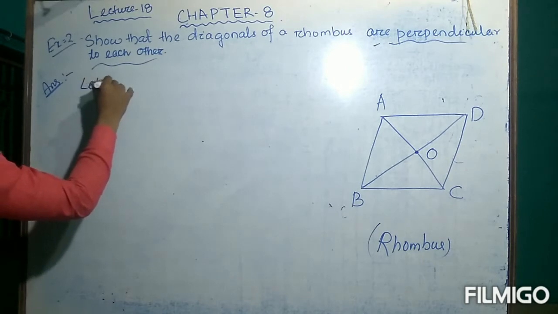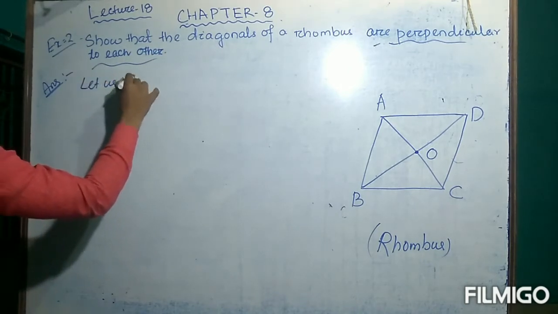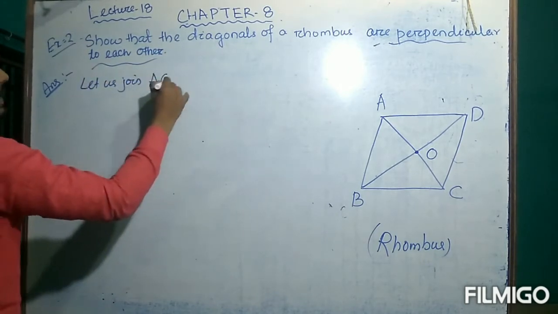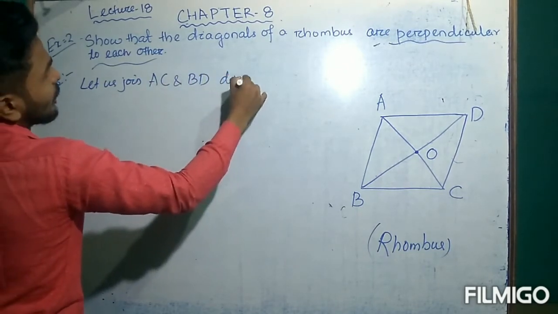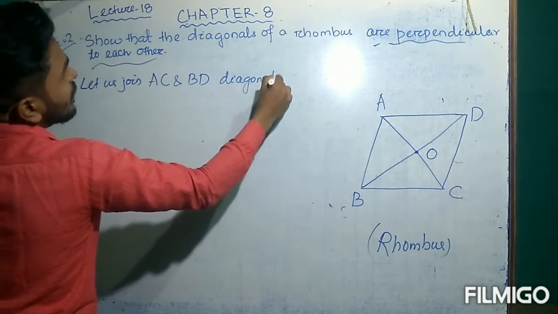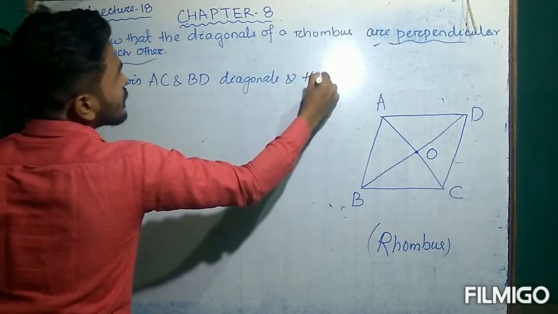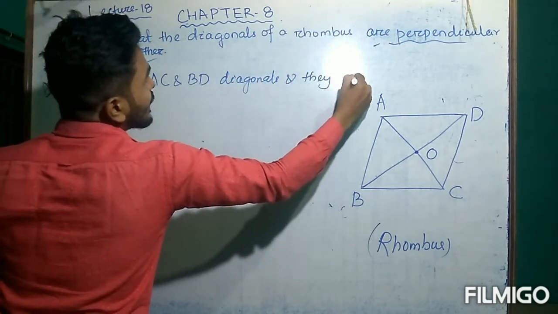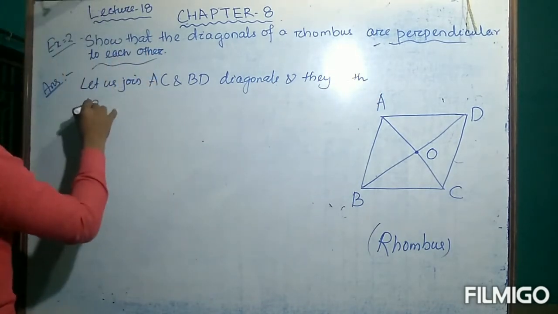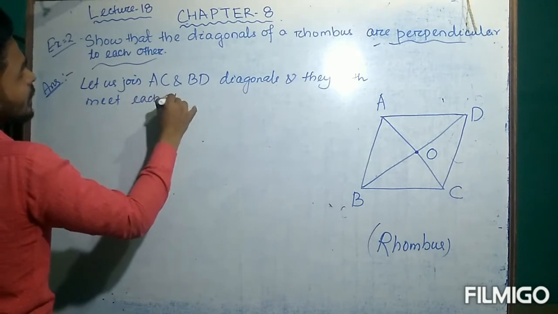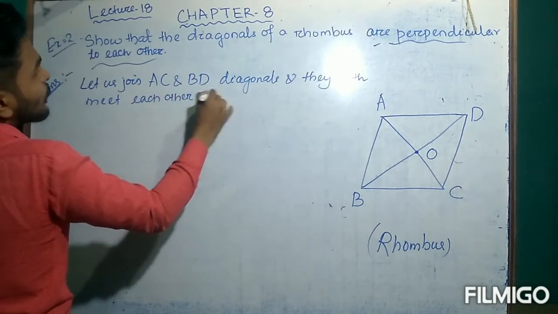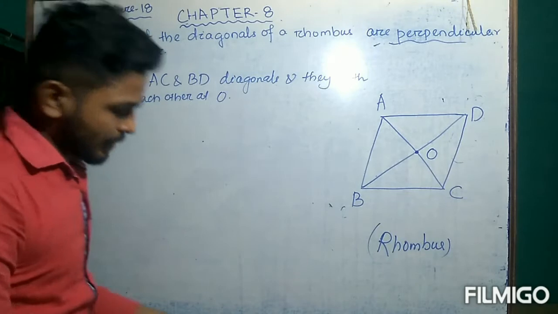Let us join AC and BD diagonals, and they both meet each other at O, and O is known as point of intersection.